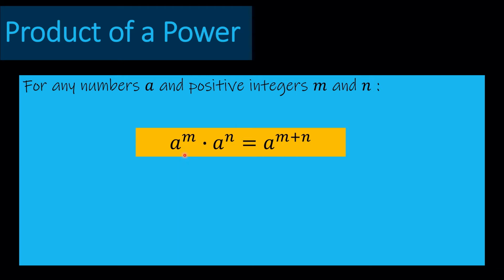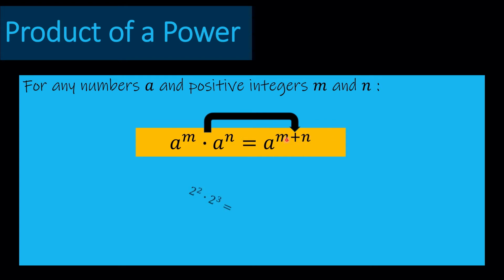So what we are going to do, from multiplication, that's why it's called product, instead of multiplying, we are just going to copy the common base, which is a, and then just add the exponents. So you look at the pattern. If the operation between the power expressions is multiplication, what you are going to do with the exponent is just add. So that's the pattern.